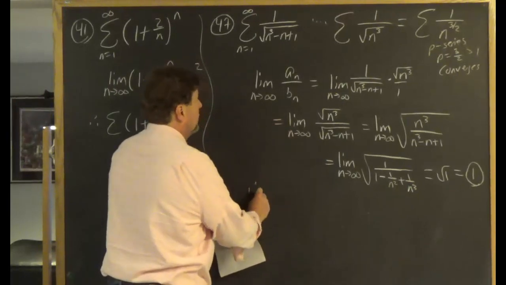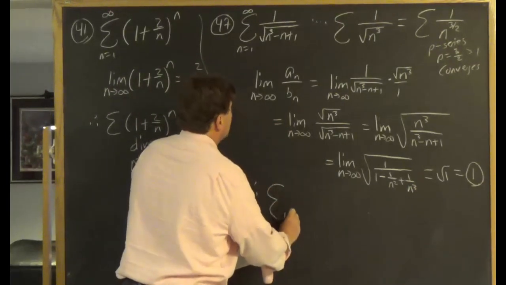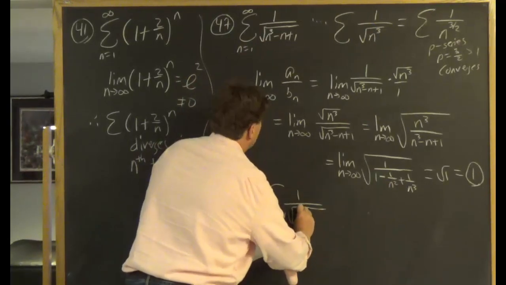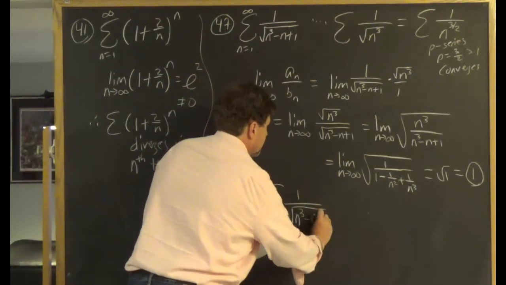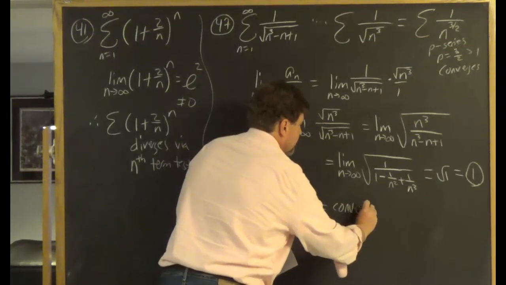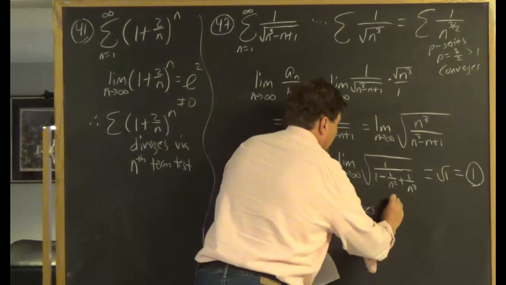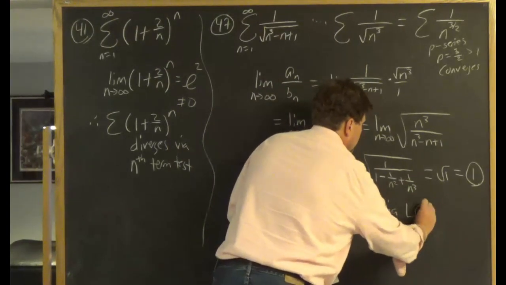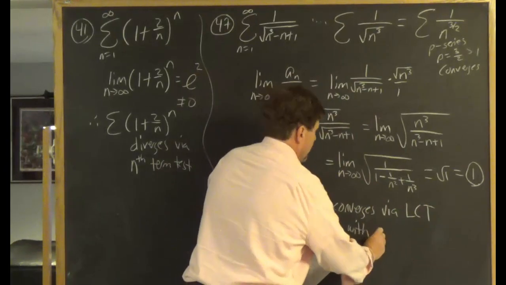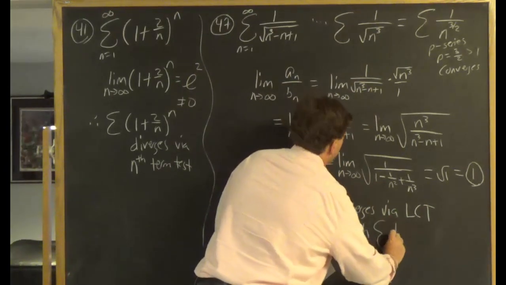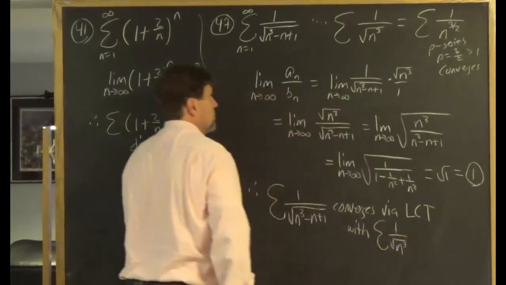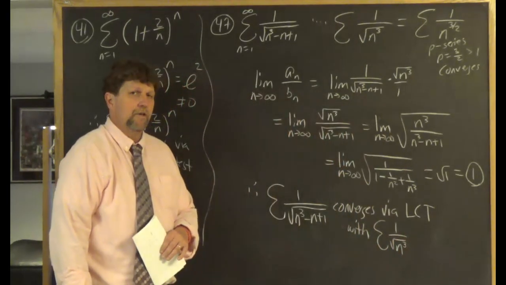So our conclusion, the series 1 over the square root of n cubed minus n plus 1 converges thanks to the limit comparison test with the convergent p-series 1 over the square root of n cubed.